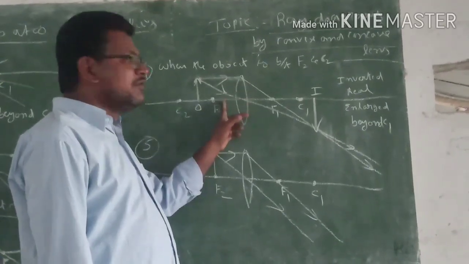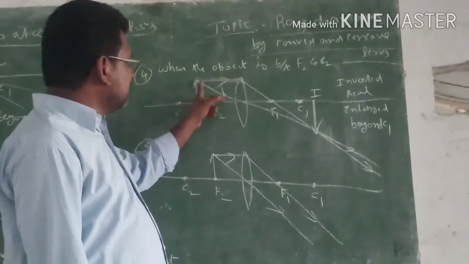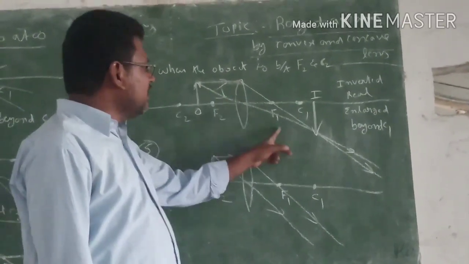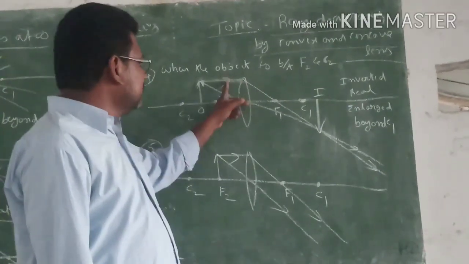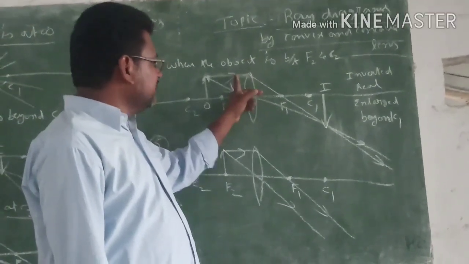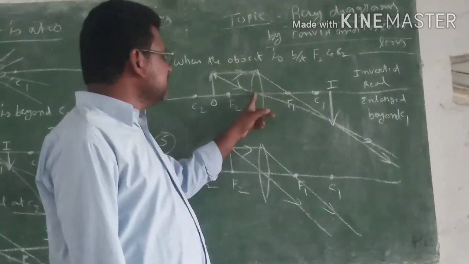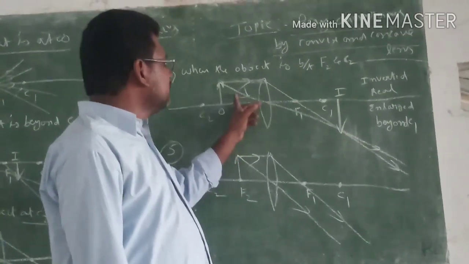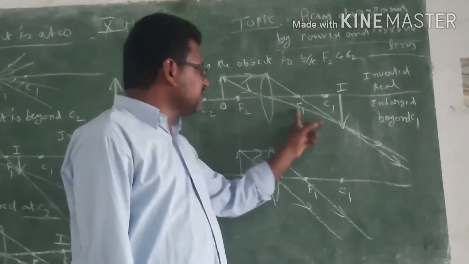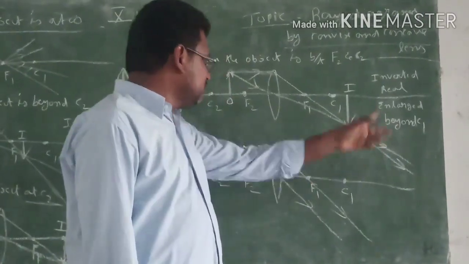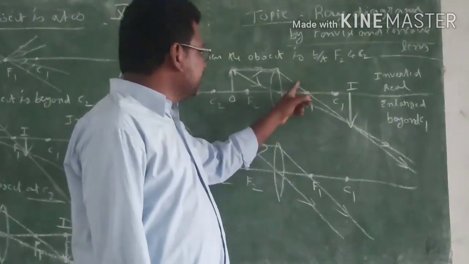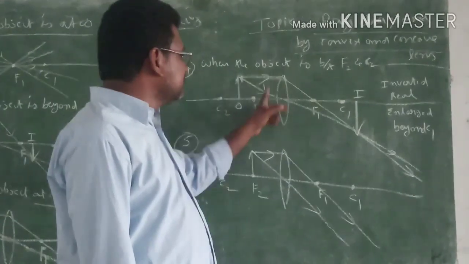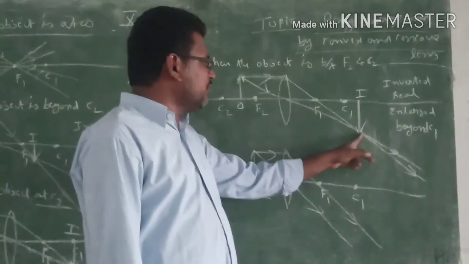One is parallel to the principal axis and another one is passing through the optic center. Here, the refracted light ray of this one is passing through the focus, and the one incident at the optic center passes in the same direction without any deviation, and the refracted light rays of these two incident light rays intersect at this point.